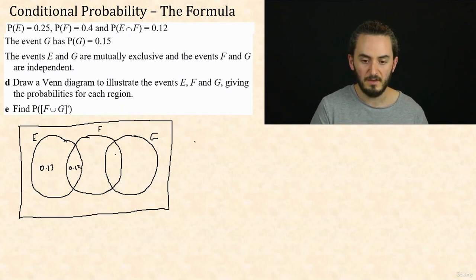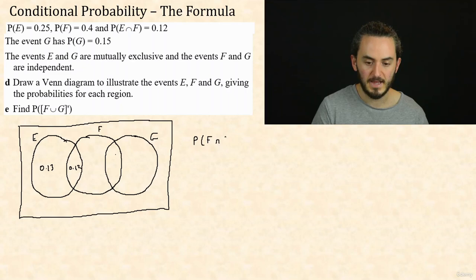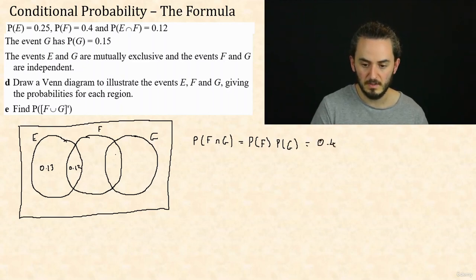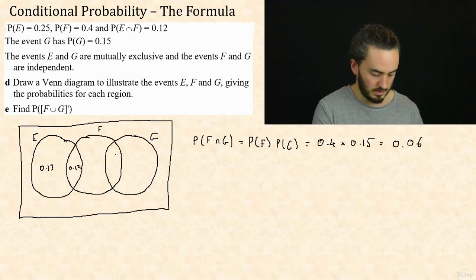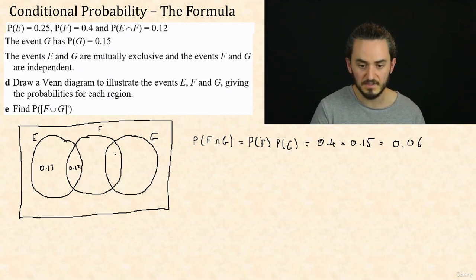Because F and G are independent, I know that the probability of F and G, that's the intersection, is the same as the probability of F multiplied by the probability of G. Well, the probability of F we know is 0.4. The probability of G we've just been told is 0.15. Multiply those together and I get 0.06. I should just check that in case I've made a silly error. Yep, 0.06.